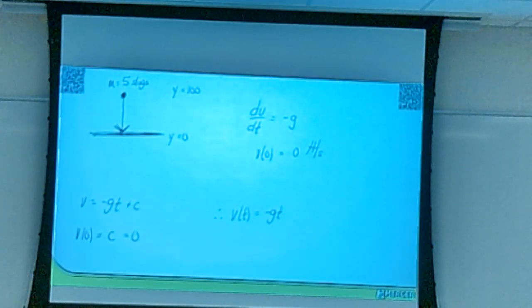So that's the function for v. We want position, y.